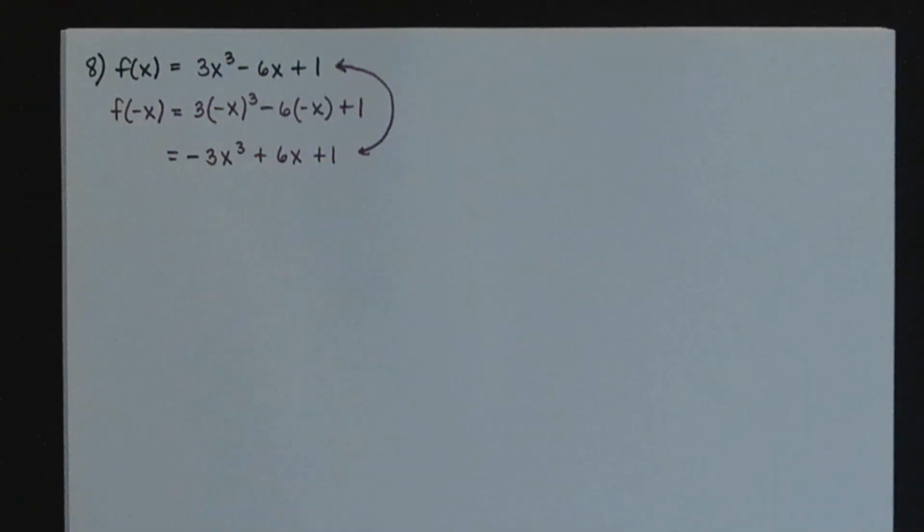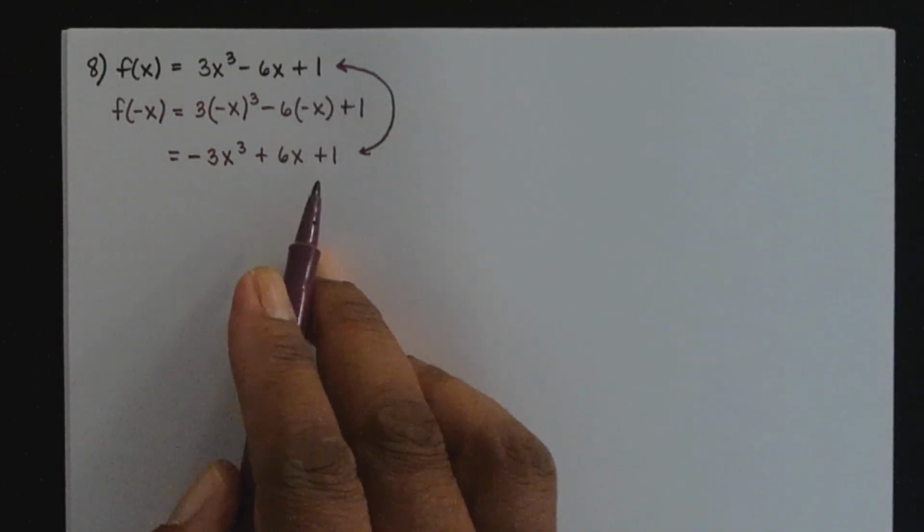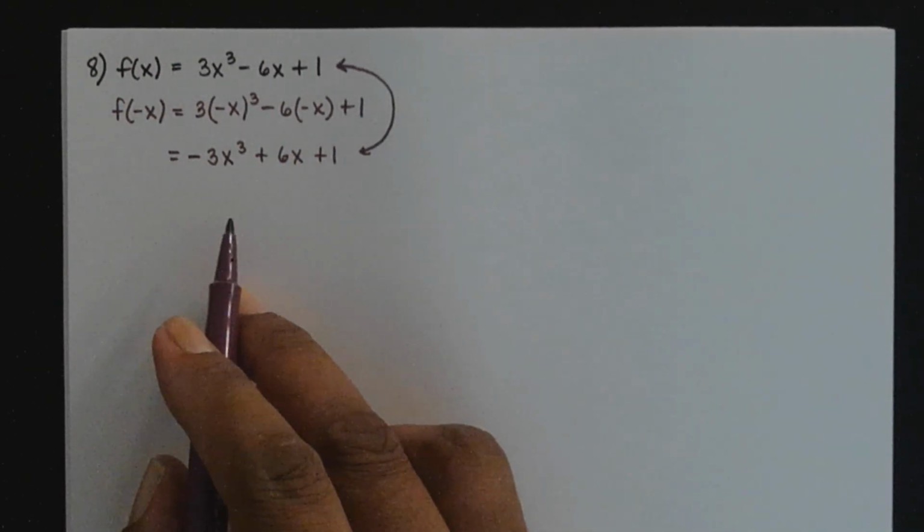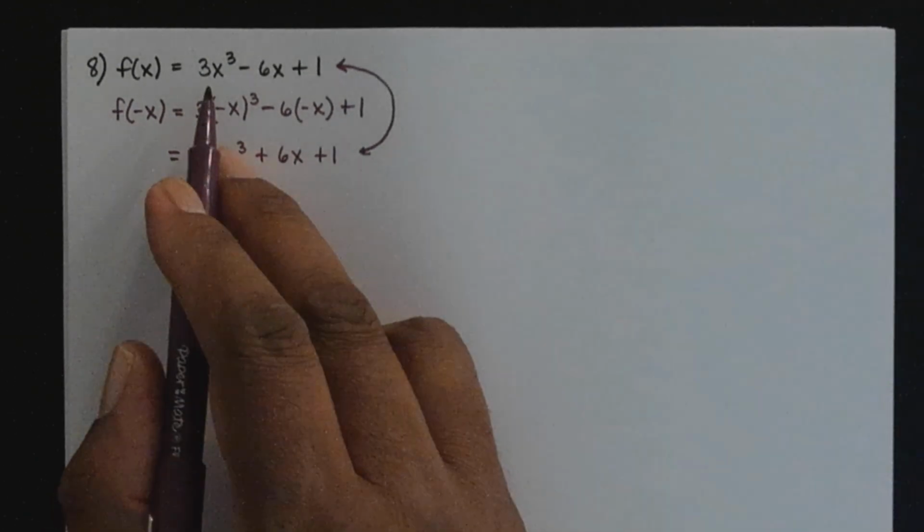Now compare what f of negative x is to what f of x is. Is it even? No, because I didn't get the original function that I started off with. What about odd? No. Take a look.